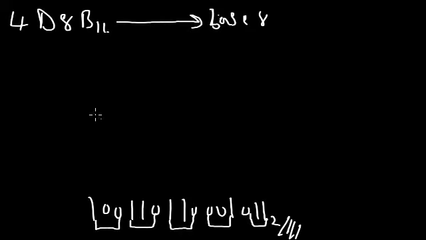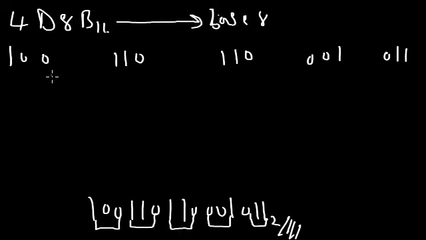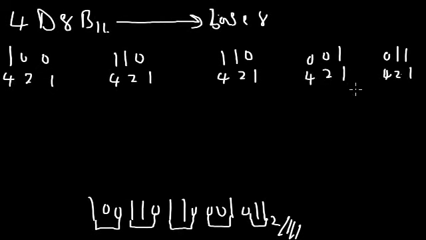So right now, I will need to split all those bits. 1, 0, 0, 1, 1, 0, 1, 1, 0, 0, 0, 1, 0, 1, 1. So below them, I'm going to write 1, 2, 4, 1, 2, 4, 1, 2, 4, 1, 2, 4, 1, 2, 4. So out of the digits I have below, whichever have 1 above, I'm going to add them together, and that will be the final answer.